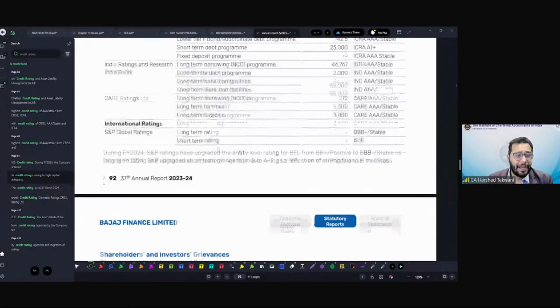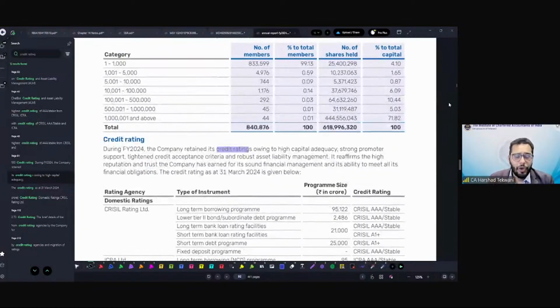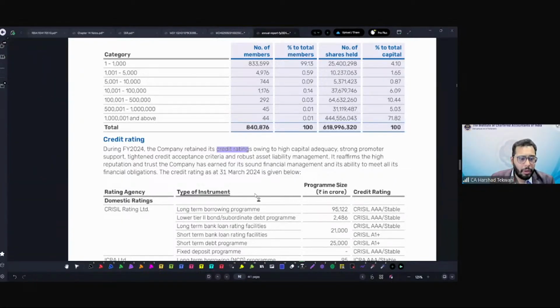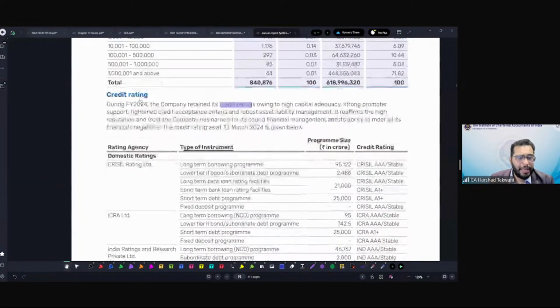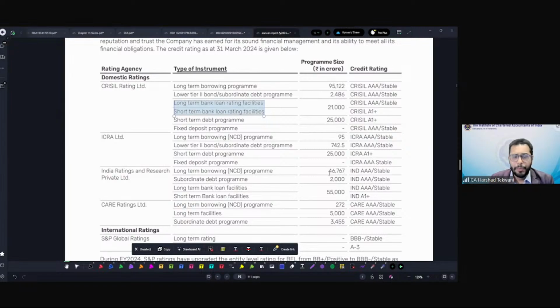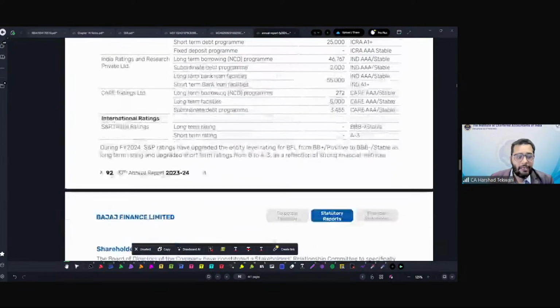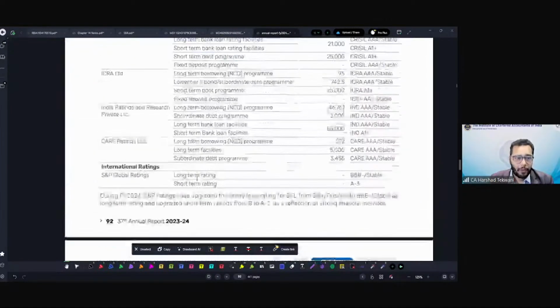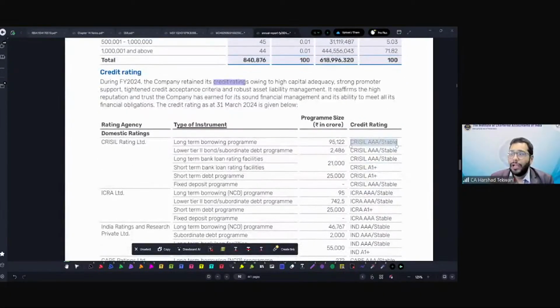So these are certain credit ratings which are there. If you see over here, there is this particular type of instrument, and below it are the credit ratings by CRISIL, by ICRA, by India Ratings and Research Private, by CARE Ratings on programs. It can be a fixed deposit program, a short-term bank loan facility, or different programs where there is a credit rating. In the same way, for deposits you should have a credit rating. For deposit acceptance also, a credit rating is required.